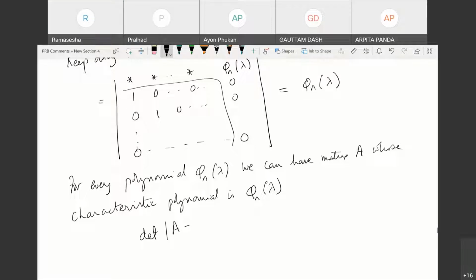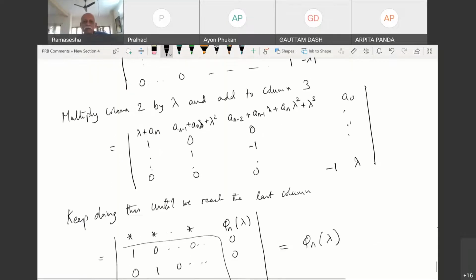I wrote for the A, the matrix that I had written before.